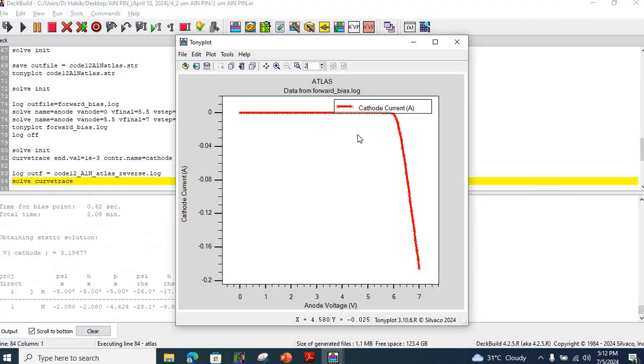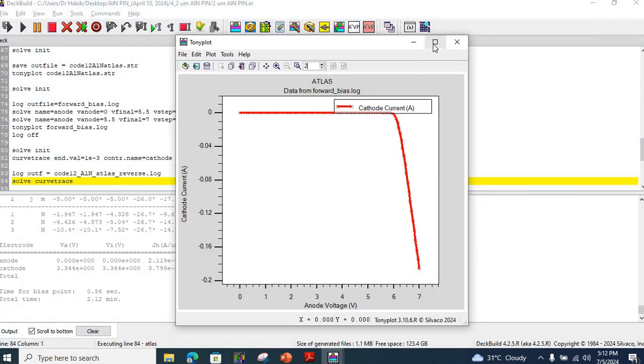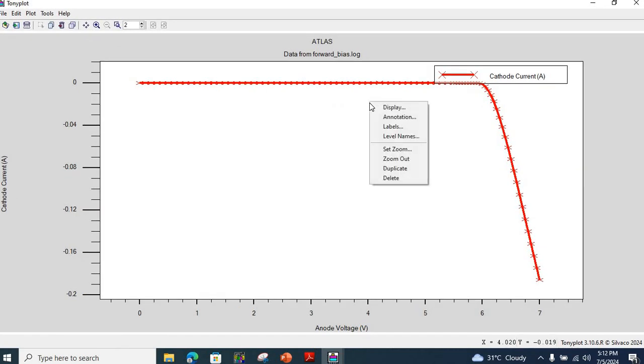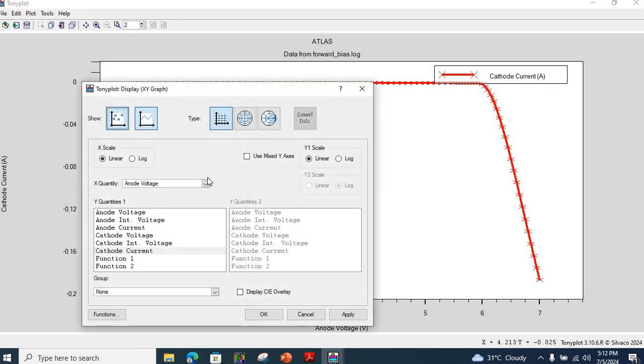Then here is the forward bias IV characteristic for this figure. So you can go to display, and I want to see anode voltage versus anode current.